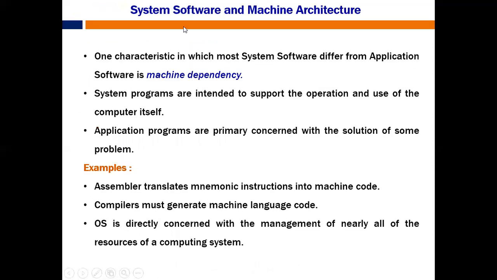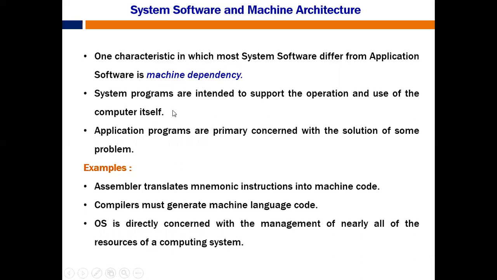System software architecture: mainly in this particular module, we will be dealing more with system software and its machine architecture. One characteristic in which most system software differs from application software is machine dependency. System programs are intended to support the operation and use of the computer itself, and application programs are primarily concerned with the solution of some problem.